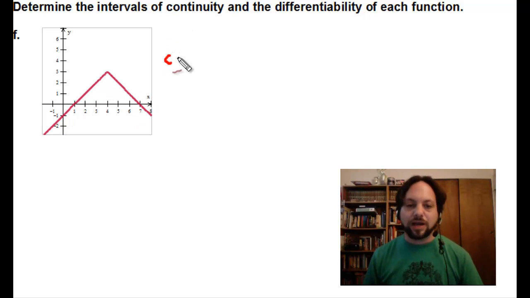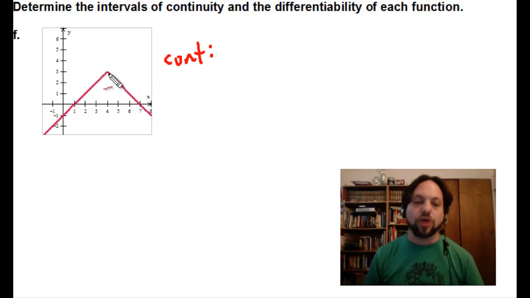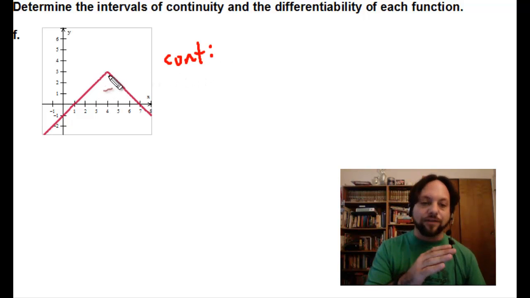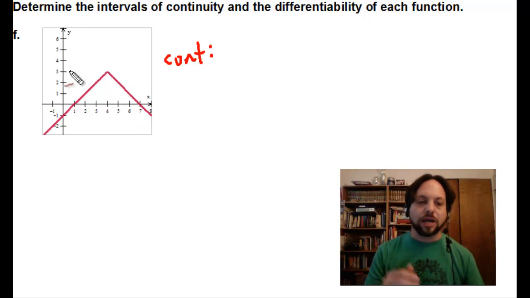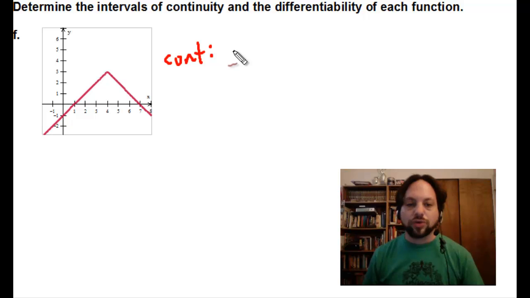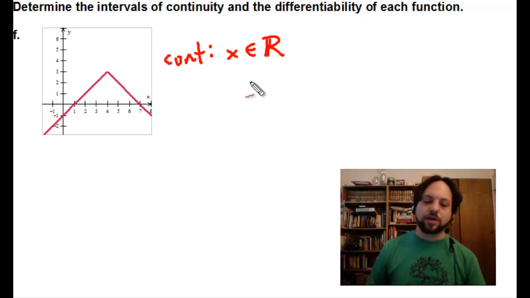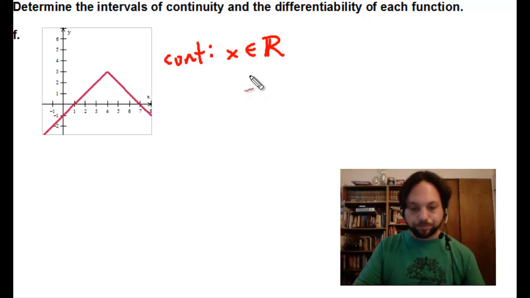And I hope you'll agree with me when I say that, yes, that is the case. Even at the node, the limit from the left appears to be 3, while the limit from the right appears to be 3. So this particular function is continuous for all x's that are real numbers.